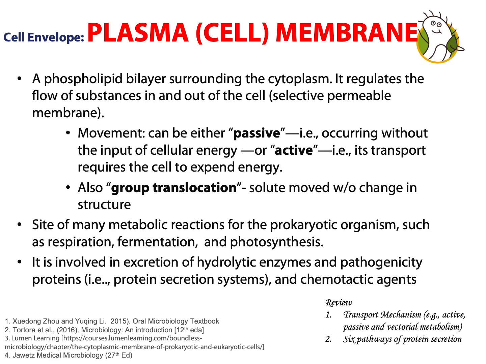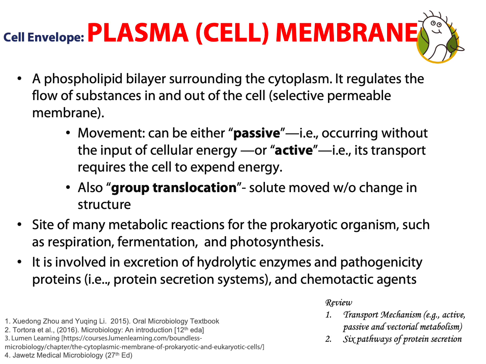The plasma membrane structure of most bacterial organisms is a bilayer composed mainly of phospholipids formed with ester linkages, and proteins. These phospholipids and proteins have the ability to move laterally within the plane of the membrane as well as between the two phospholipid layers. Your plasma membrane is also the site of metabolic reactions for prokaryotic organisms like respiration, fermentation, and photosynthesis.